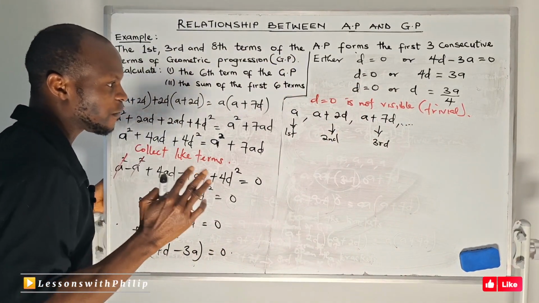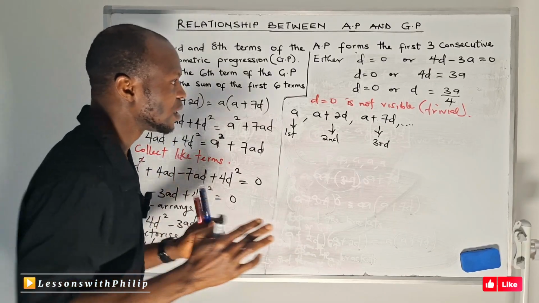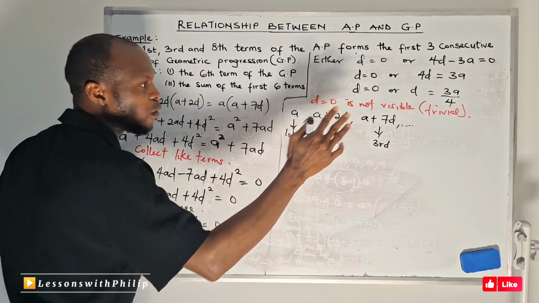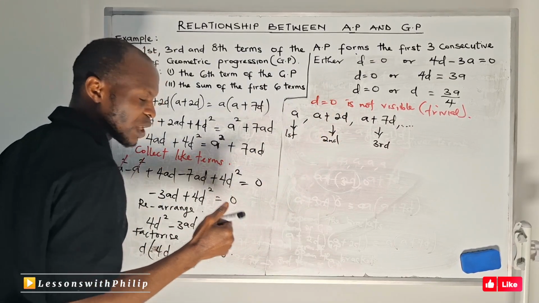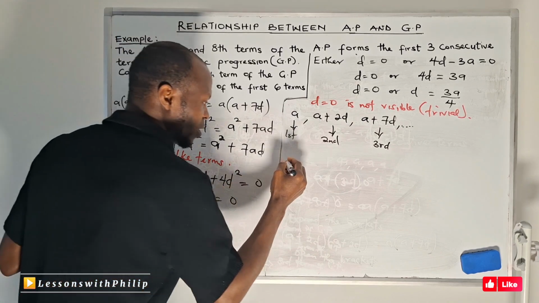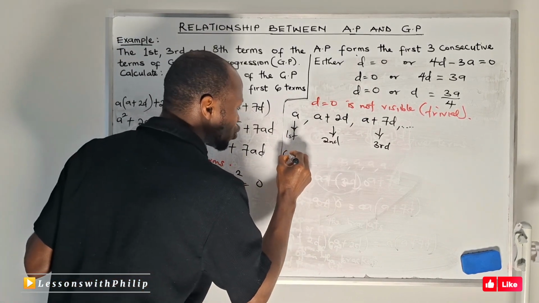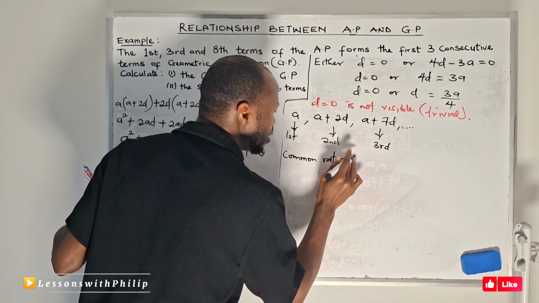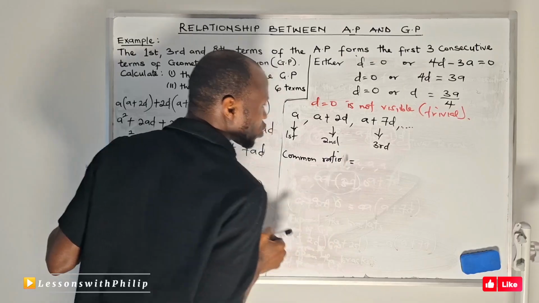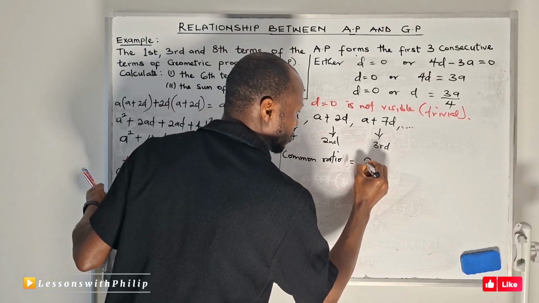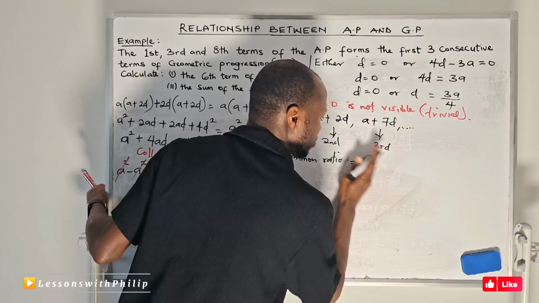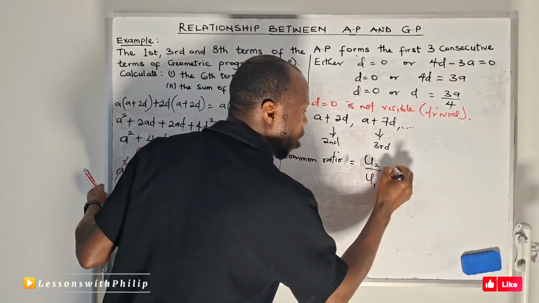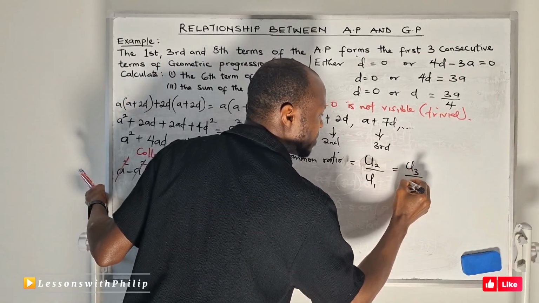Please follow me. This is our common difference. If our D is 3A over 4, don't forget, to get the common ratio in GP, the common ratio is equal to the second term divided by the first term, or the third term divided by the second term.